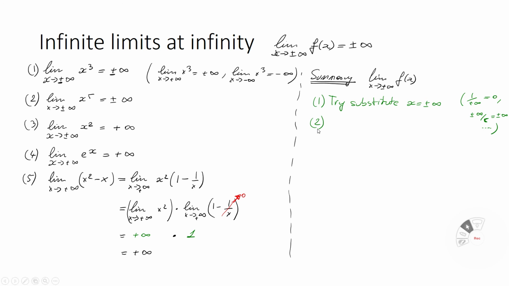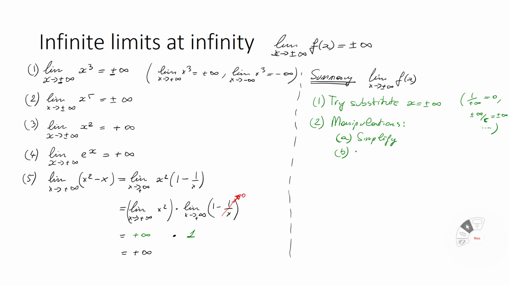If that doesn't work, if you get things like infinity minus infinity or infinity divided by infinity, then you have to try some manipulations. The manipulations that we've seen so far are, well, try simplifying the fraction or the expression that you have to see if there are some calculations that you can take into account.